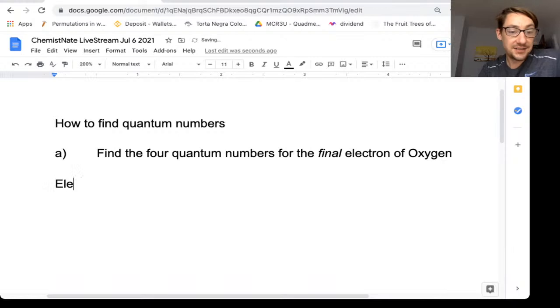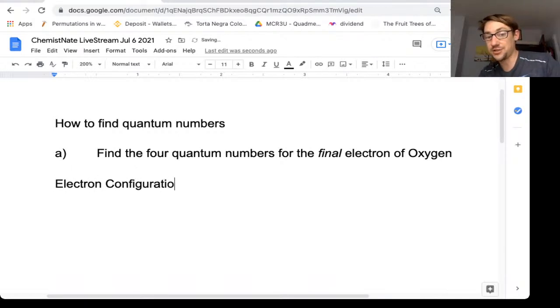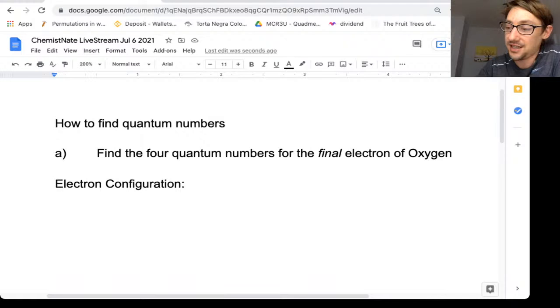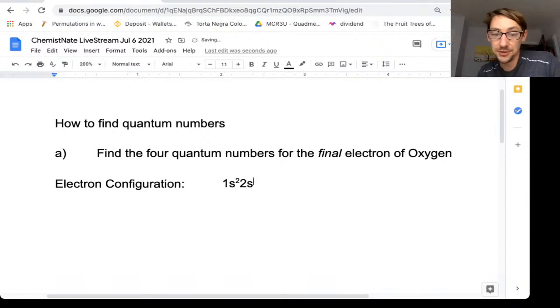The idea here is that you can figure out the electron configuration for oxygen probably on your own. If we asked you for the electron configuration of oxygen, I'm hoping you'd be able to come up with 1s2, 2s2, 2p4. Yeah, I think it's 4.